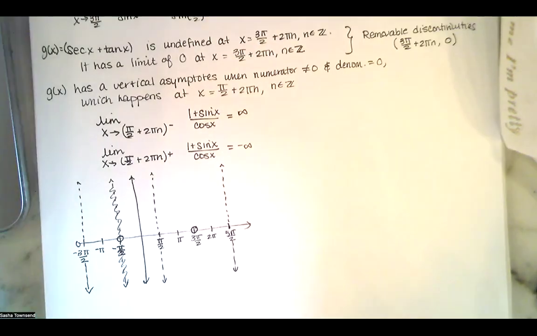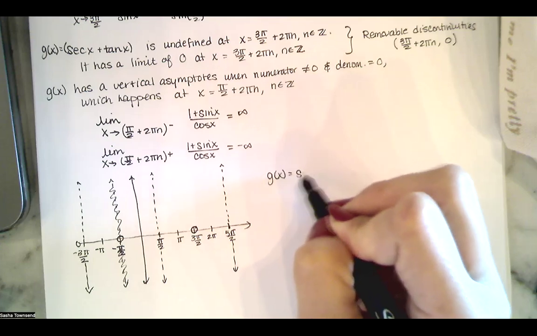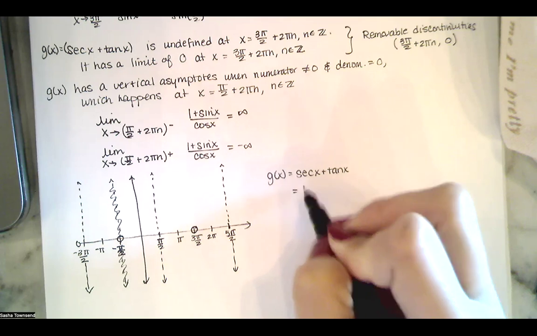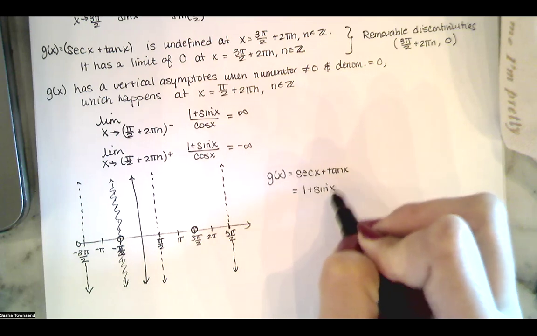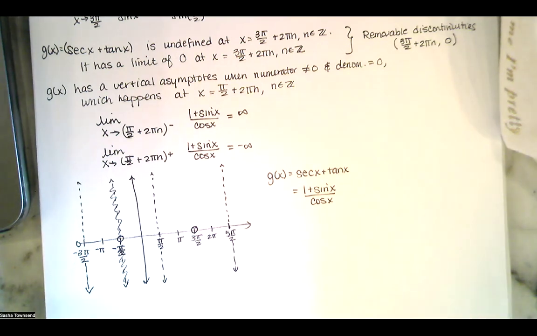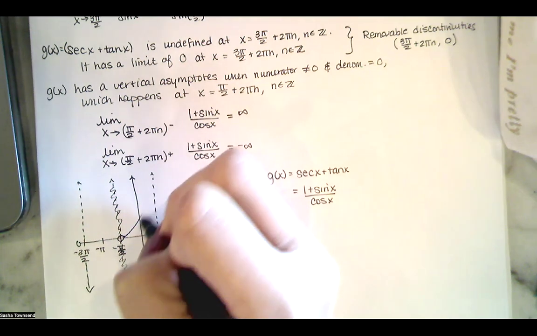So now if I want to graph this, g of x equal secant of x plus tangent of x, which is the same as 1 plus sine of x divided by cosine of x, what it will look like is this. As we approach pi over 2 from the left, our function values go to infinity.